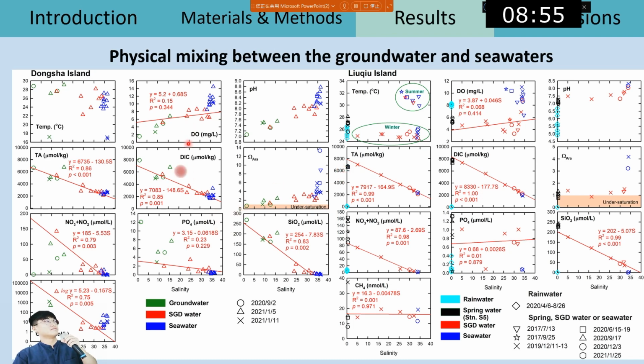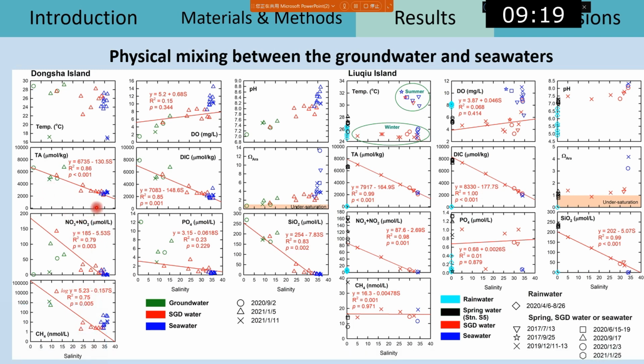Okay, first we see the carbonate chemistry, like TA and DIC. Here and here, you can see they have a correlation with the seawater and the groundwater. The x-axis is the salinity.